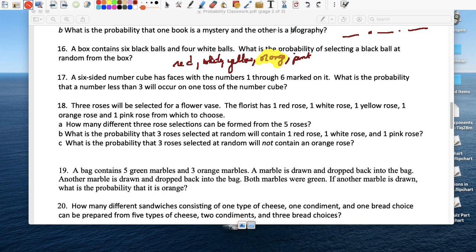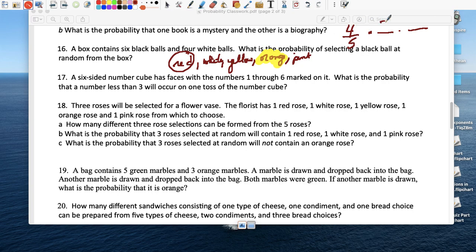So what's the probability that I select anything but the orange? So I have 1, 2, 3, 4 choices out of 5. I can select any of them but the orange. So let's say I happen to get the red. I'm going to go back into the remaining flowers and pick another one that's not orange.